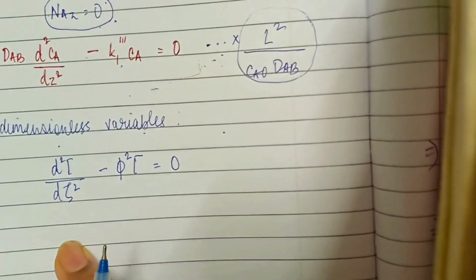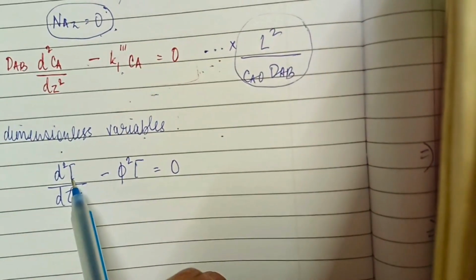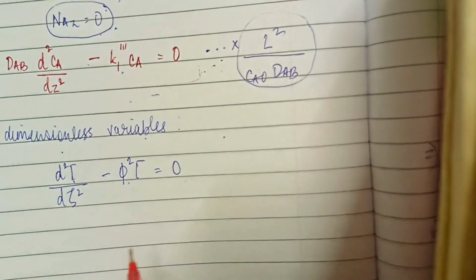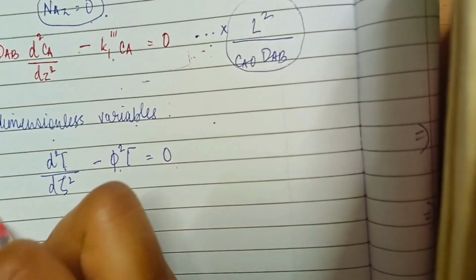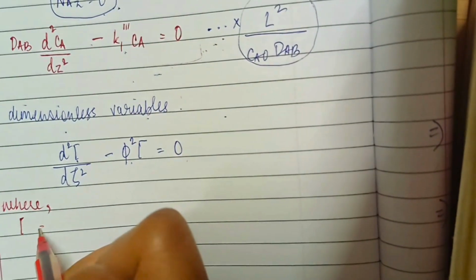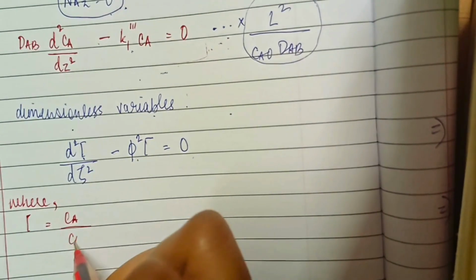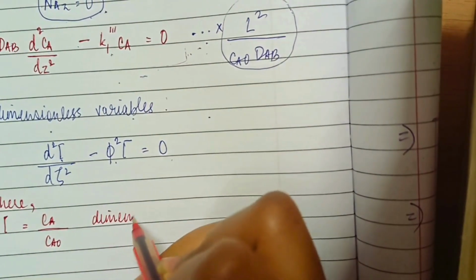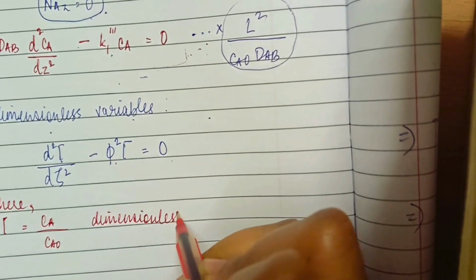We might be wondering what gamma, zeta and phi mean. They are nothing but: gamma is equal to CA by CA naught, which is a dimensionless concentration.